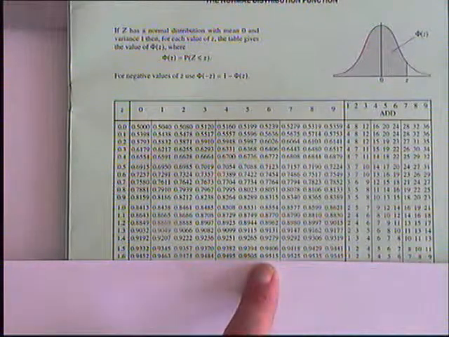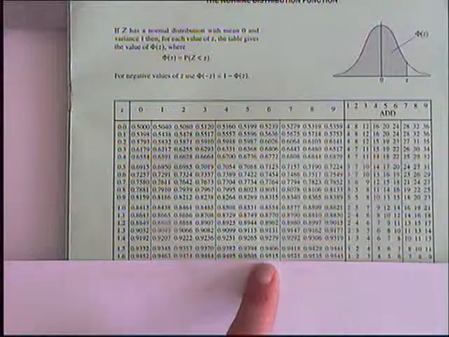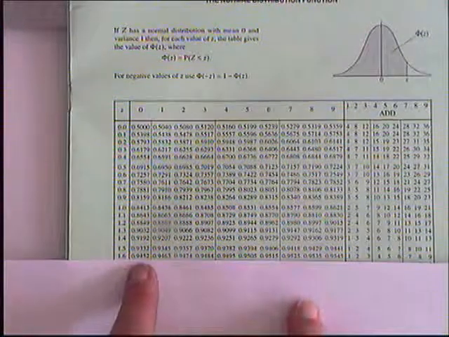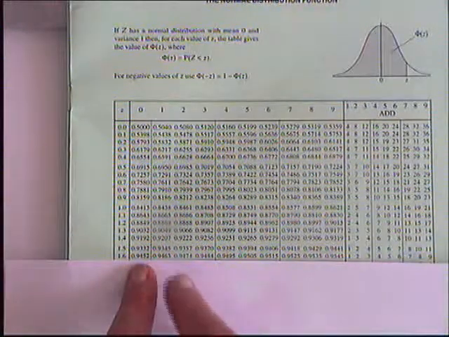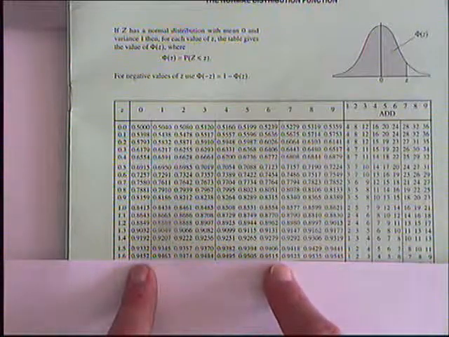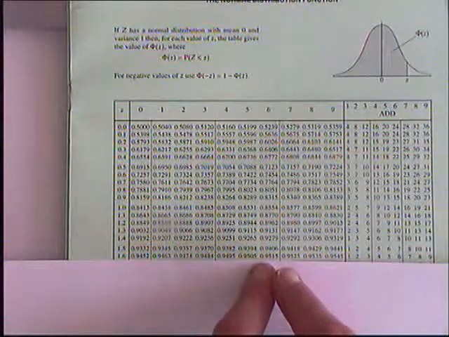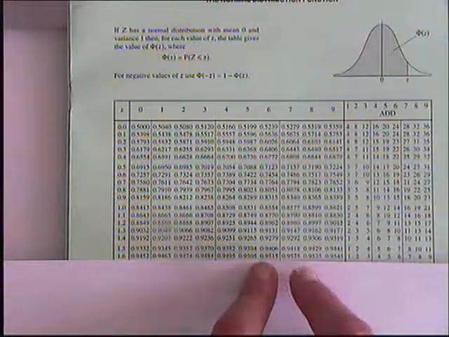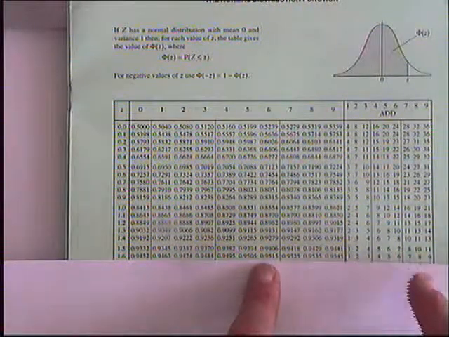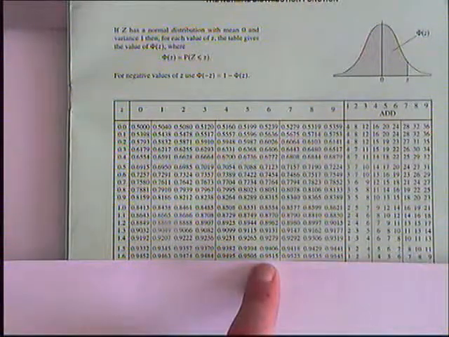Now I don't actually add up integer 7. If I want 1.667: 1.6 is 0.9452. 1.66 is 0.9515. 1.667 is add 7 onto 9515, you get 9522.